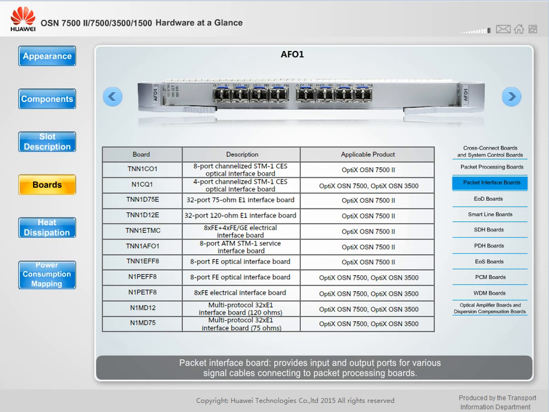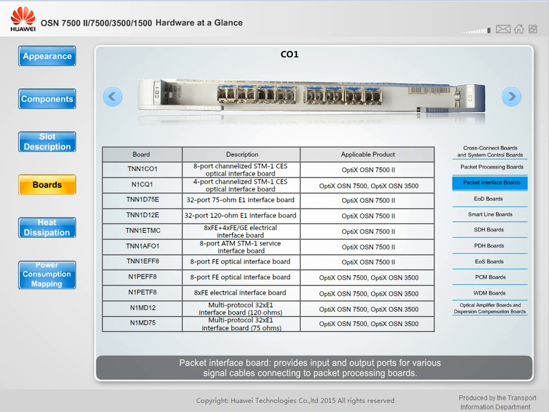The packet interface board provides input and output ports for various signal cables connecting to packet processing boards.